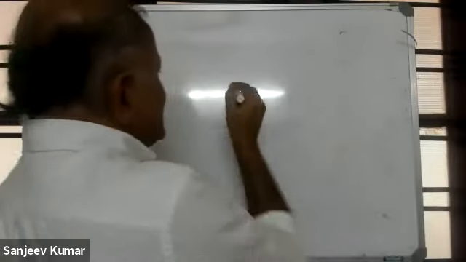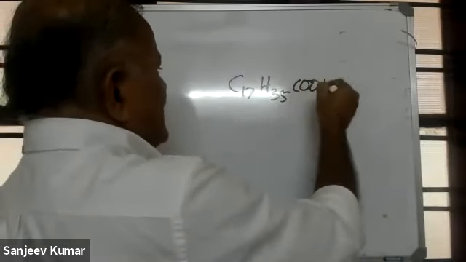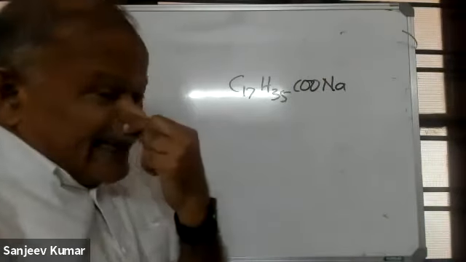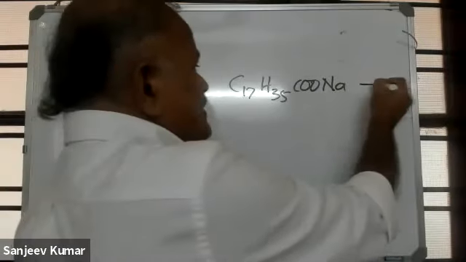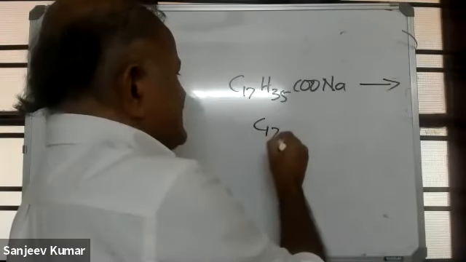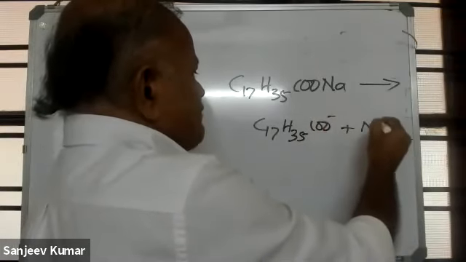Therefore, sodium stearate is C17H35COONa. And when soap is added to water, it will dissociate to give the stearate ion, C17H35COO minus, plus Na plus.